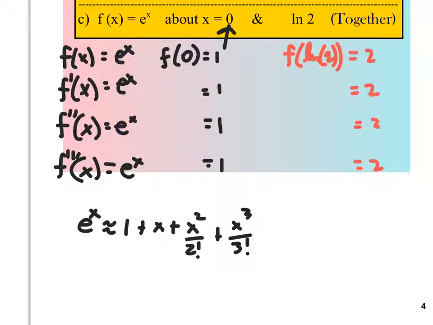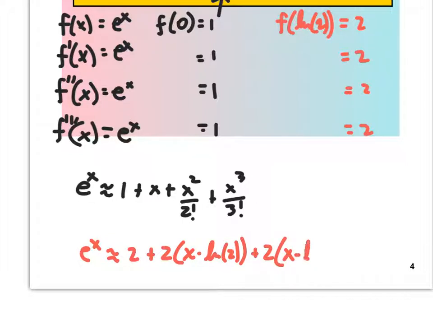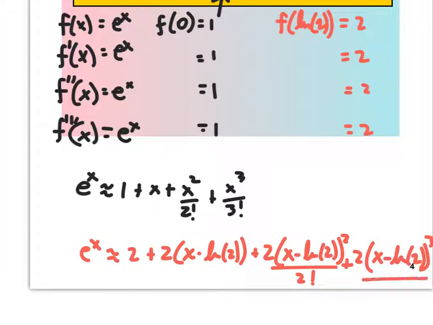And if we centered this Maclaurin, or this Taylor series, around natural log of 2, then e to the x would be approximately 2 plus 2 times x minus the natural log of 2, plus 2 times x minus the natural log of 2 squared over 2 factorial, plus 2 times x minus the natural log of 2 cubed over 3 factorial.